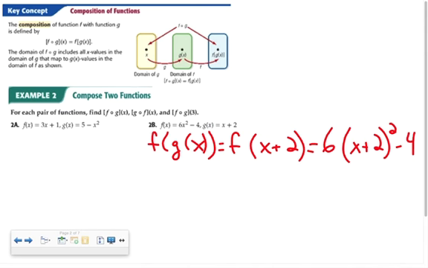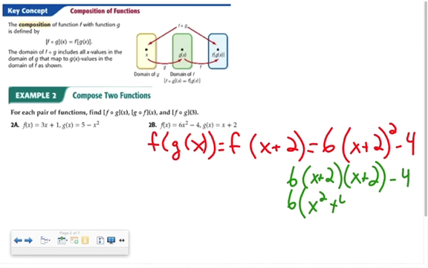And just like we did in the last example, make sure that you realize that this binomial in parentheses needs to get FOILed when you square it. So perhaps writing it out would help. This becomes 6 times x plus 2 times x plus 2 minus 4. So I'll have 6 times what I get when I FOIL the x plus 2 times x plus 2, which is x squared plus 4x plus 4.